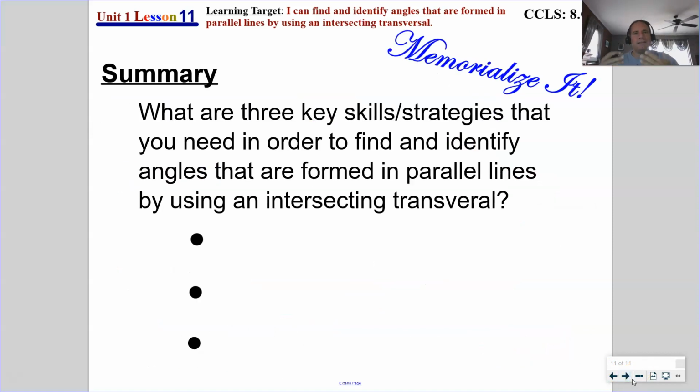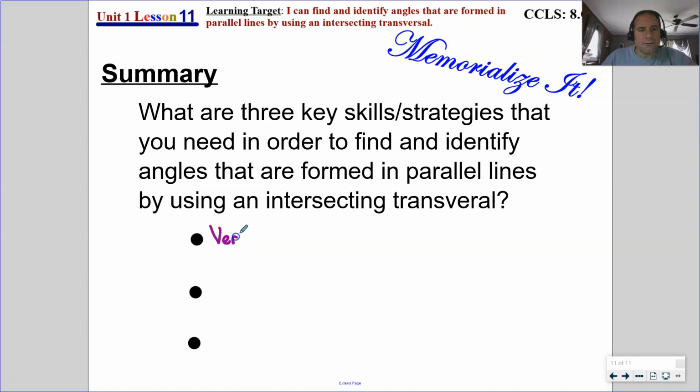Please do not skip the summary. All right, what are the key strategies that you need in order to find and identify angles that are formed by parallel lines by using an intersecting transversal? Just remember, make sure that you are putting down full sentences, or you could start listing.